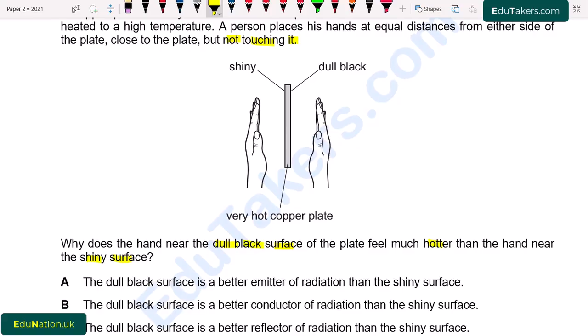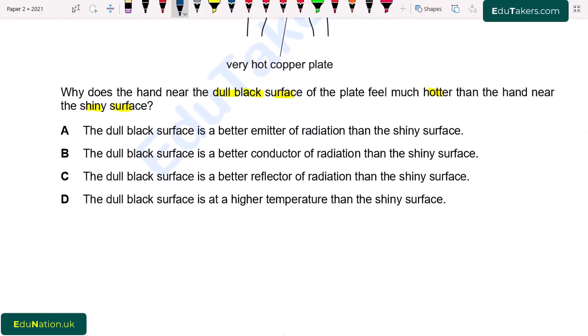So the hand that is near the dull black surface is hotter, which is on this side, because most of the radiation is emitted by the dull black surface as compared to the shiny one. So the temperature of the hand on the dull black side is larger as compared to the temperature of the hand on the side of the shiny one.